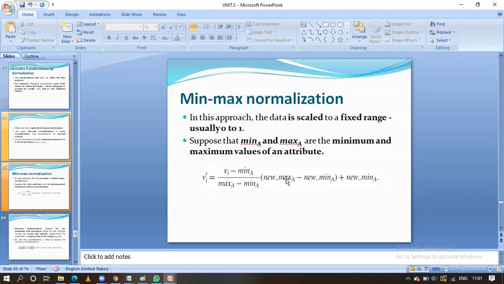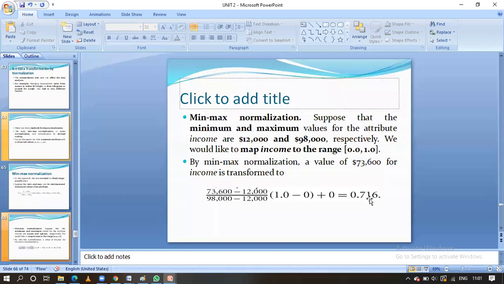In brackets, new max is 1 and new minimum is 0, finally added with the new minimum, 0. The value we got is 0.716. This is the new value for 73,600.